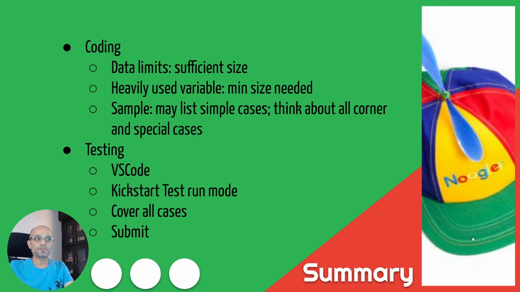The sample test case values given in the problem definition will normally be simple cases, so you should always think about all the corner cases and special cases, because that may be the tricky thing that many would have missed.